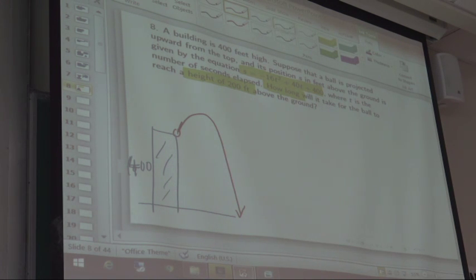And we're going to find the time t such that it is 200 feet from the ground. And that time is what we need.